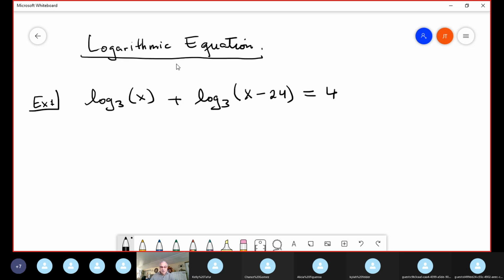Okay, the strategy is always the same. You have several logarithms, 1, 2, 3, 4. In this case, we have only 2, and you condense them into only 1. In this case, you apply property number 5, because it's plus. You condense it into only 1 logarithm, getting the multiplication x times x minus 24. You copy x times x minus 24. Don't forget the extra parentheses to enclose everything in the argument of the logarithmic function.